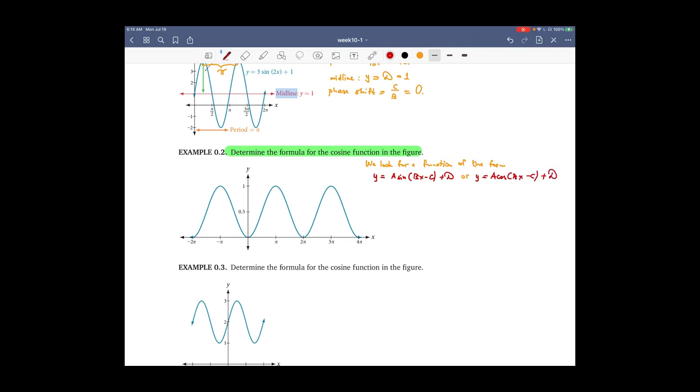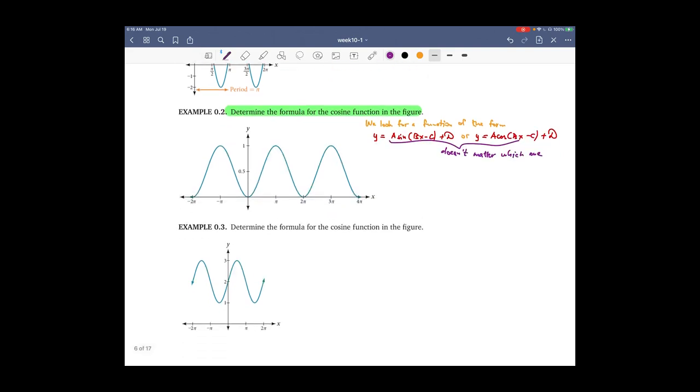Essentially, it doesn't matter, because as we know, sine is the same as cosine shifted. Which one you eventually go with, sine or cosine, is absolutely irrelevant. So we can say immediately, doesn't matter which one. And presumably, some of these coefficients, a, b, c, d, we can read off the graph.